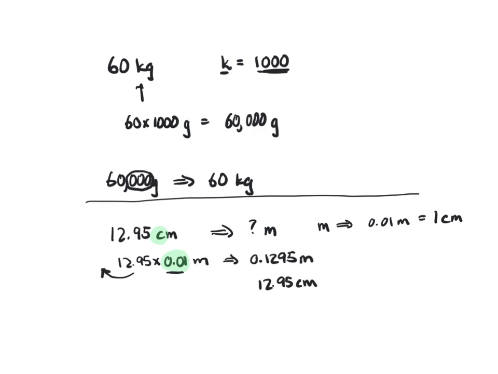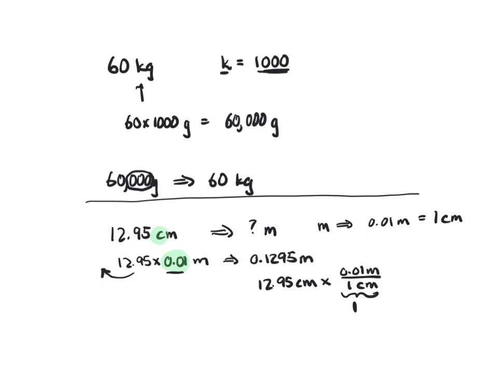Another way to think about this that you may be more familiar with is that if you have 12.95 centimeters and you know that 0.01 meters is 1 centimeter, you can use this as a conversion factor. And so if I multiply this by 0.01 meters divided by 1 centimeter, then I have essentially just multiplied by 1.